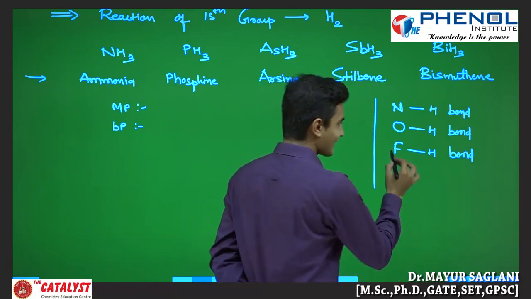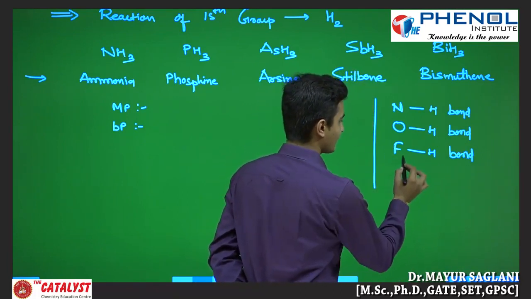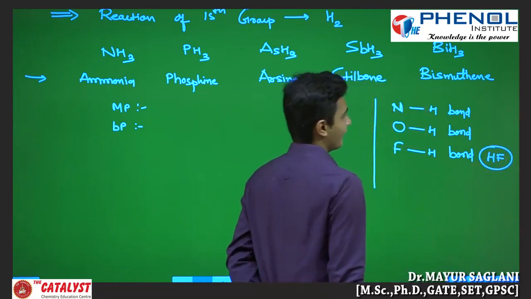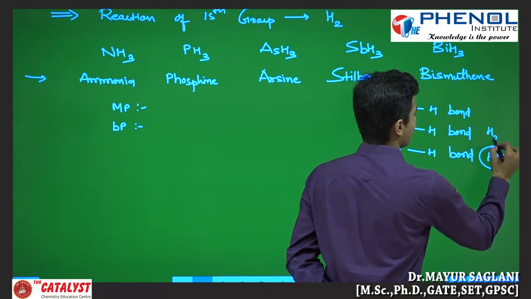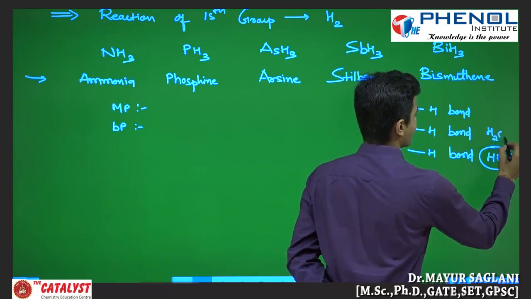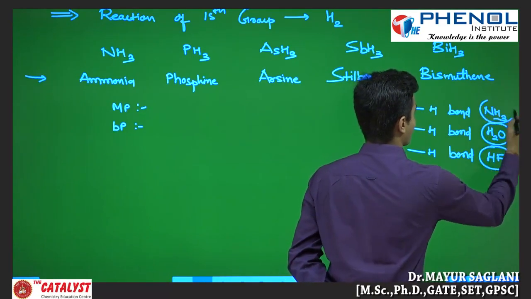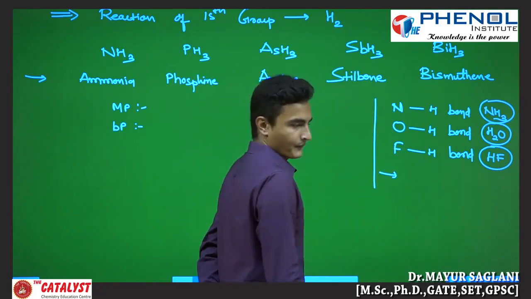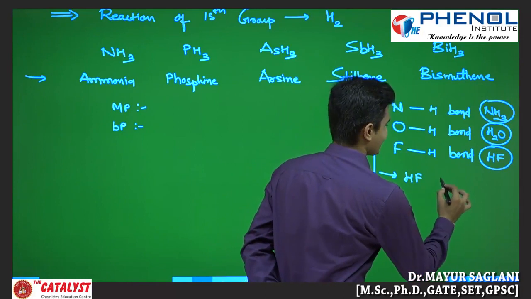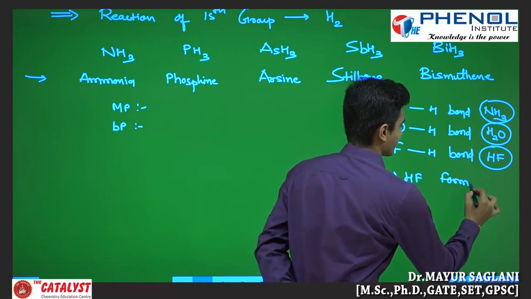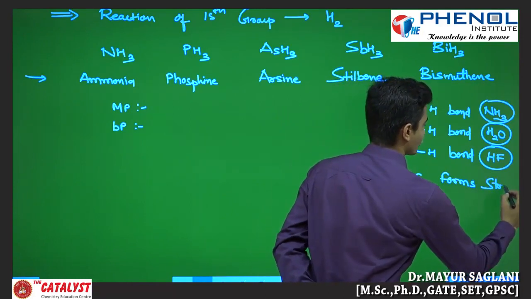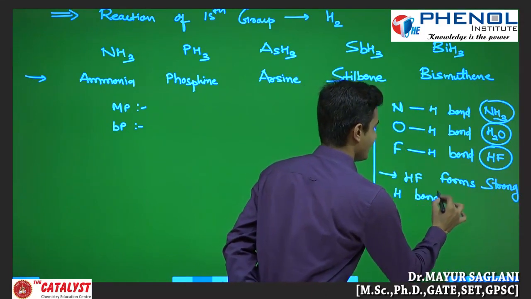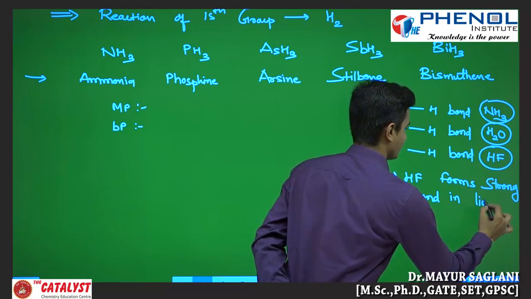If you see an example of hydrogen fluorine bond, that is in the HF molecule. If you see N-H bond, that will be in ammonia. But here you can note HF forms strong hydrogen bond in liquid state.